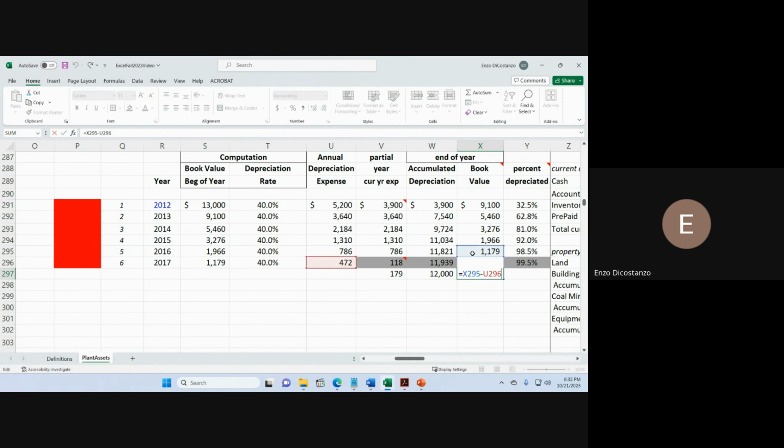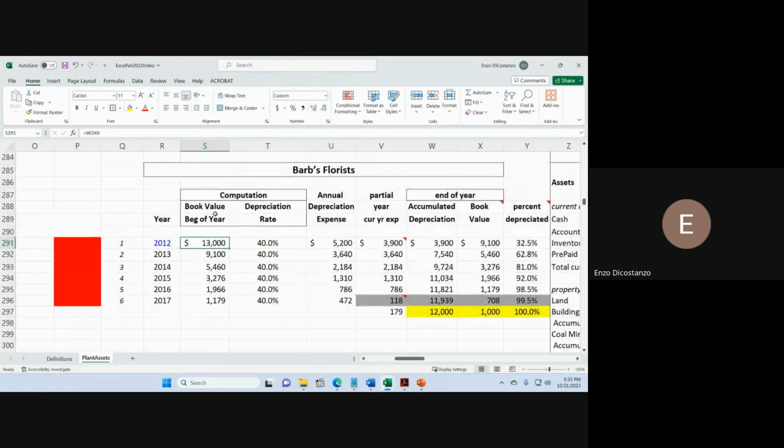Are you down to 708 again with this, right? There's your 1,000. Okay. The book is 1,179. You take out the 179, you get your 1,000.